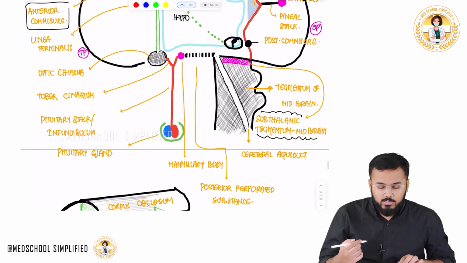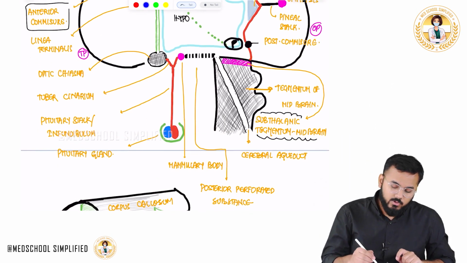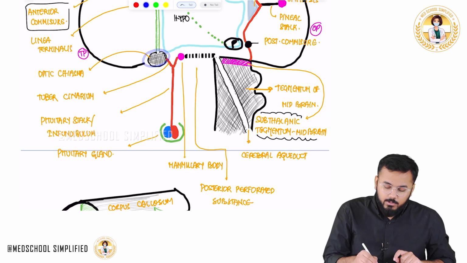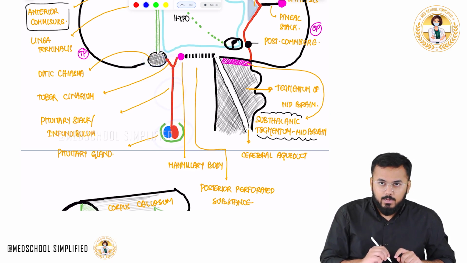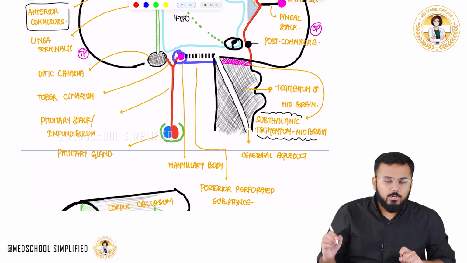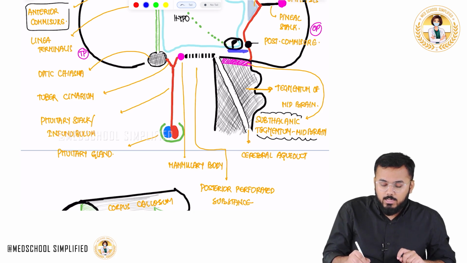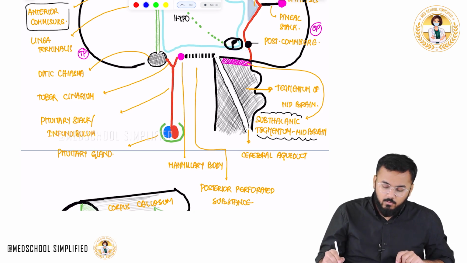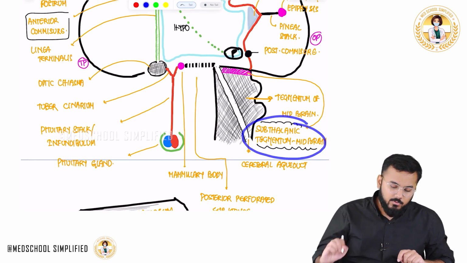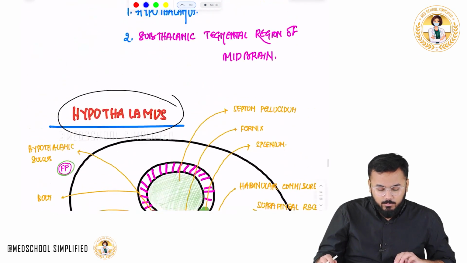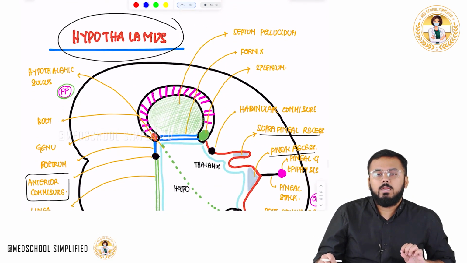If I ask you the structures forming the floor of the hypothalamus, what will you tell? Optic chiasm, tuber cinereum, infundibulum, pituitary gland, mammillary bodies, and posterior perforated substance. If I ask you the structures forming the posterior part of the floor of the third ventricle, what will you tell? Subthalamic tegmentum of the midbrain. So these are some very important structures you need to know regarding the hypothalamus, guys. Thank you so much for watching my video. Goodbye.